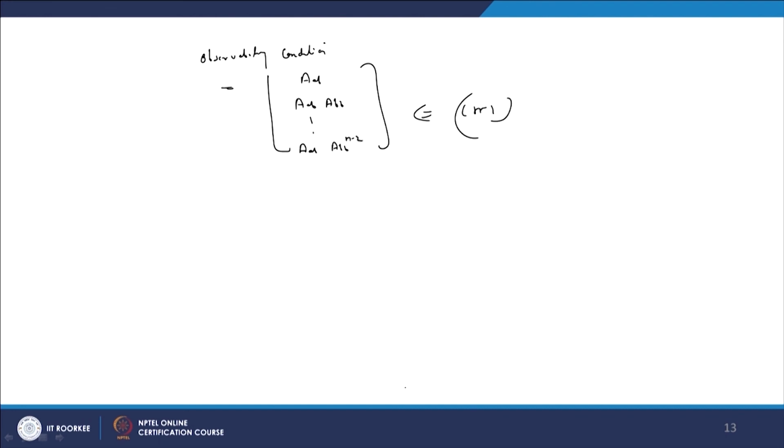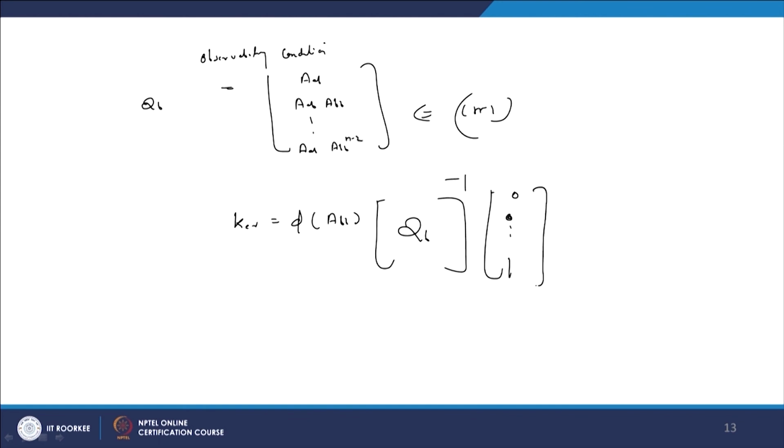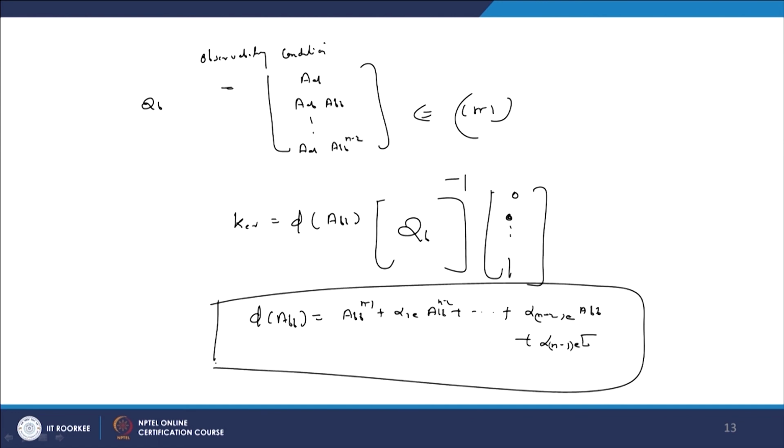If the rank is n minus 1, then the observability condition is satisfied, and from this we can design the observer gain KER as phi of ABB into the inverse of the observability matrix QB, times [0 0 ... 1], where phi of ABB equals ABB to the power n minus 1 plus alpha 1 ABB to the power n minus 2 plus ... plus alpha n minus 2 times ABB plus alpha n minus 1 into I. So, this KER gives you the reduced order observer.